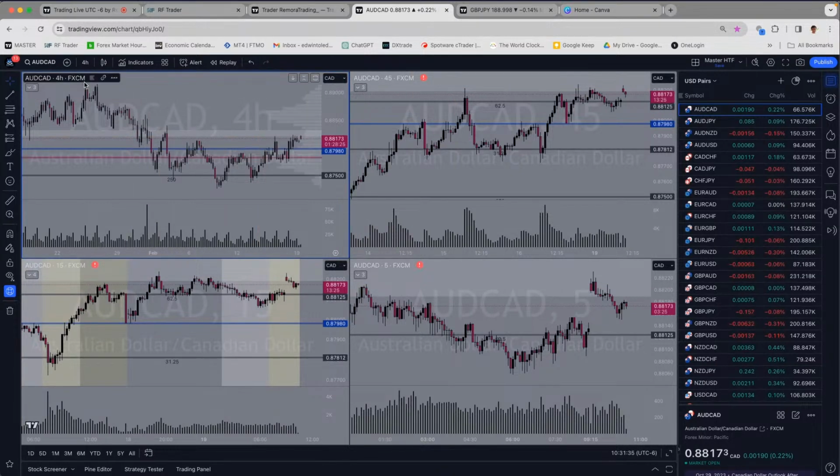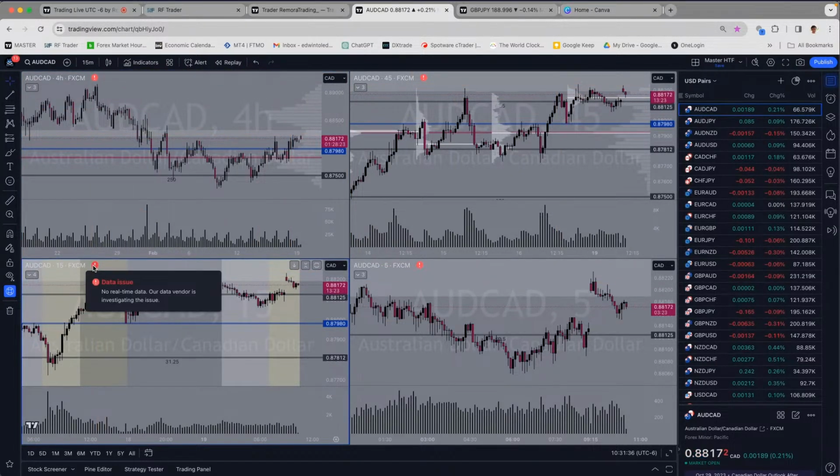I don't know for how long Oanda wants to do this, but this is a pain. This is bad. And TradingView didn't let me copy everything. I have more than 1,000 lines. Too bad.